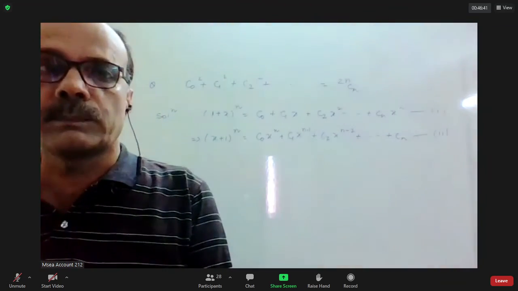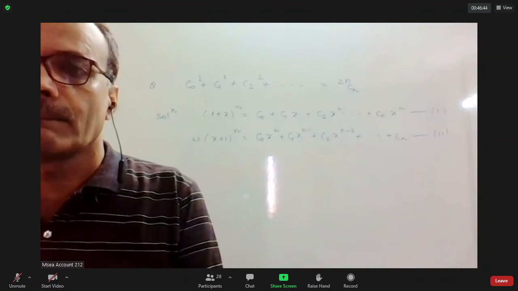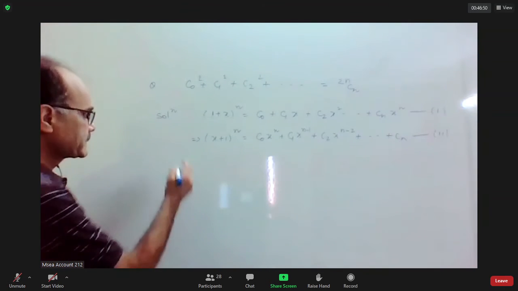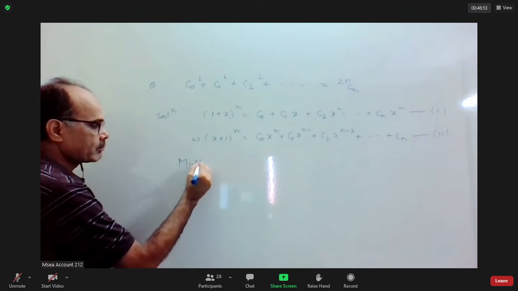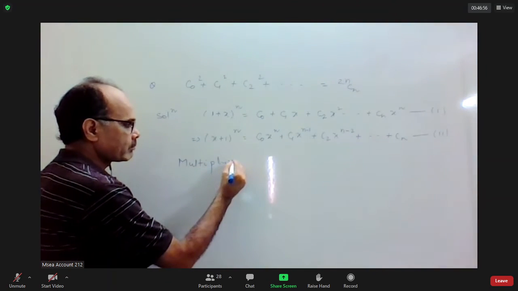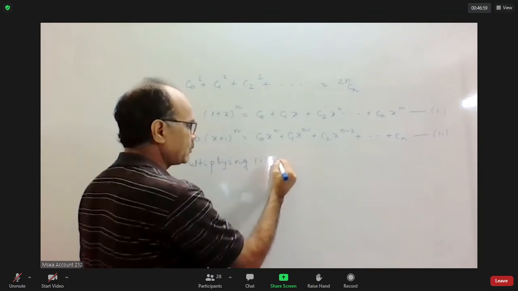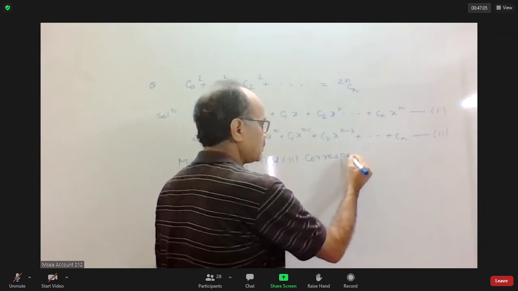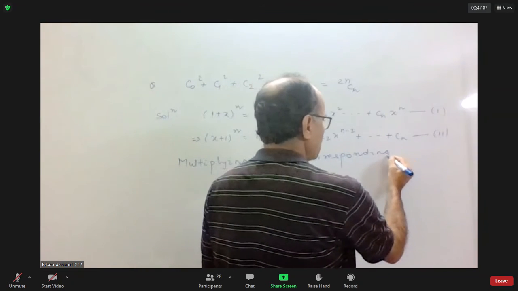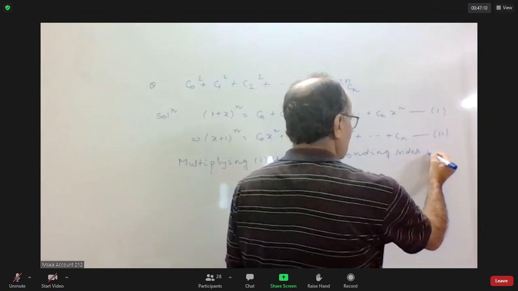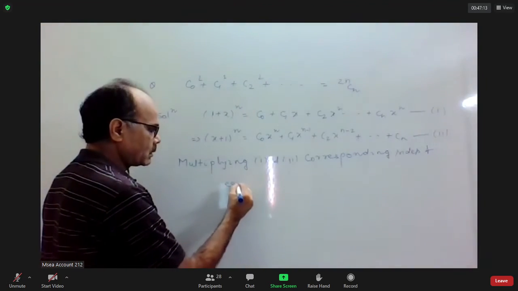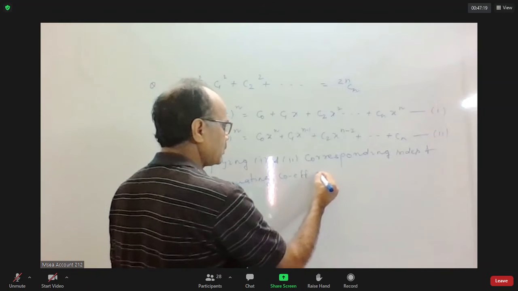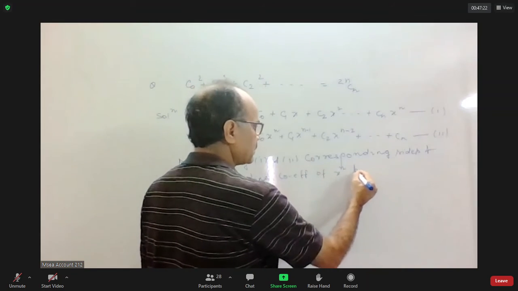Multiplying 1 and 2, we get a 2n degree polynomial, and equating coefficients of x to the power n on both sides.